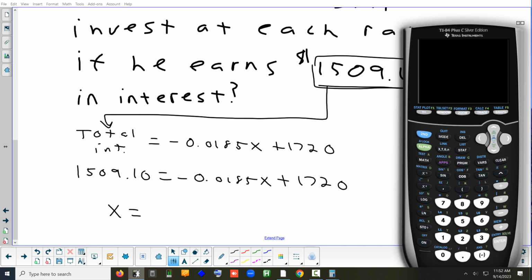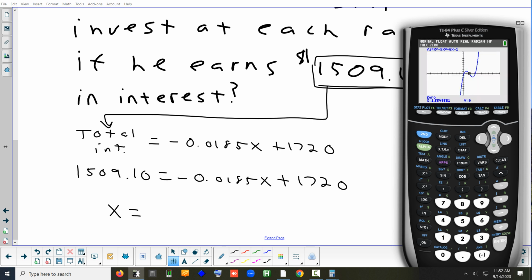Well, yeah. Subtract 1720 from both sides. Sure. So subtract your 1720. So 1509.10 minus 1720. And you might think, well, this is a problem. We got a negative number, but what am I going to do next? Well, we're solving it algebraically.